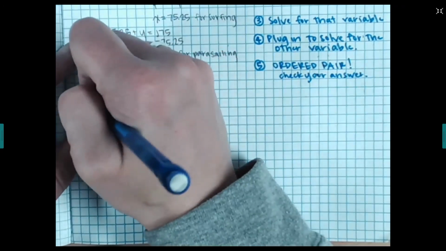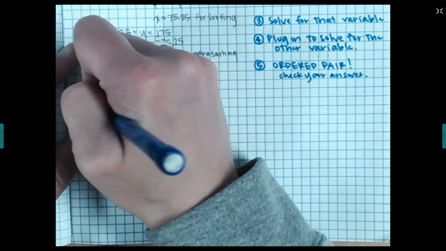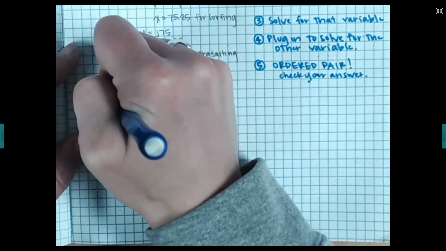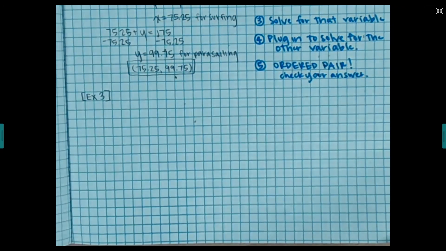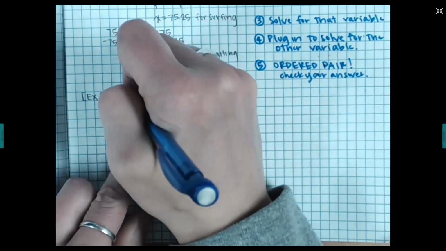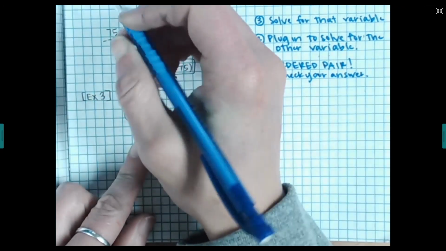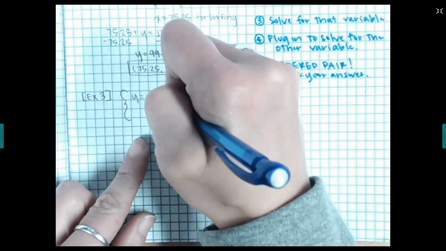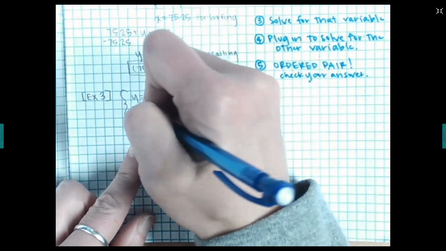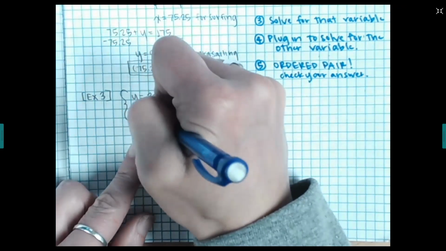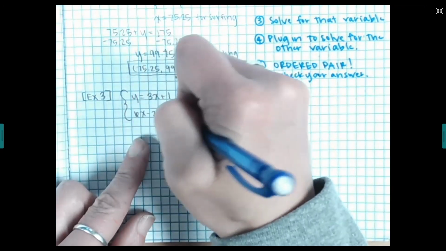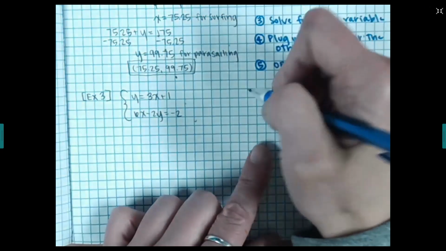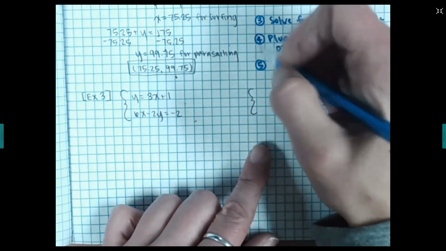Now, just like yesterday when we did lesson 4.1 graphing, we have specials. And so I need to show you how to solve those specials with substitution. I'm just going to write them both out right now.